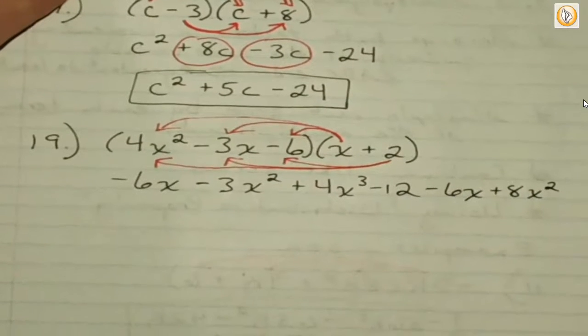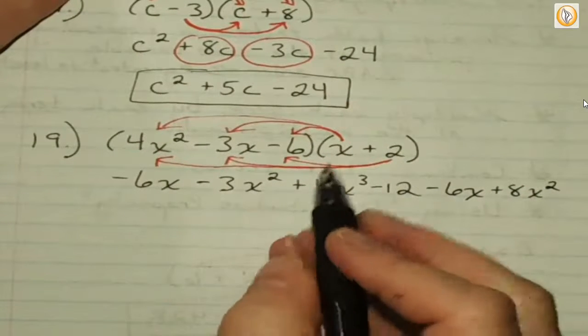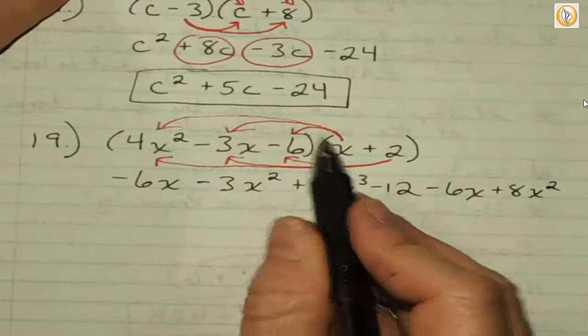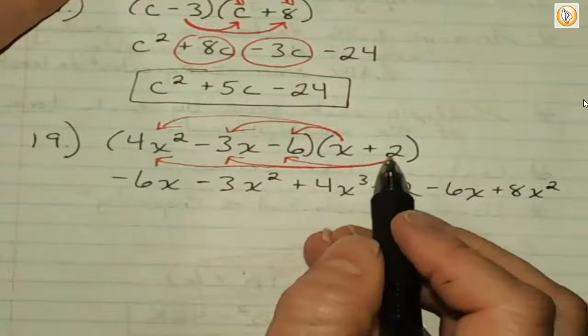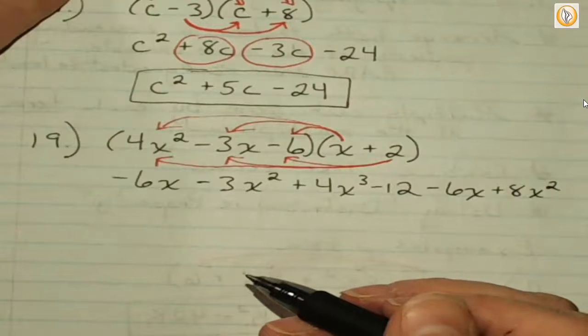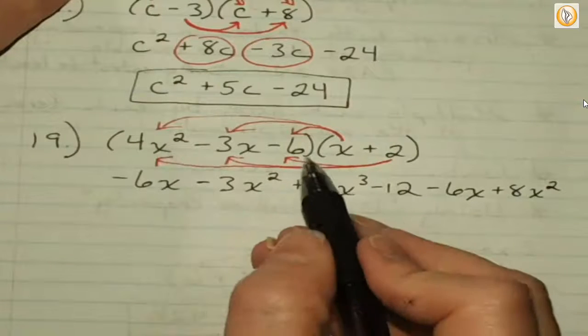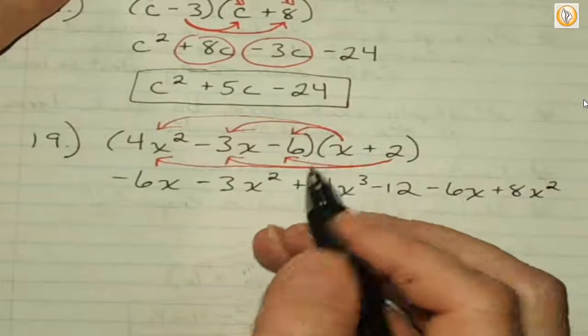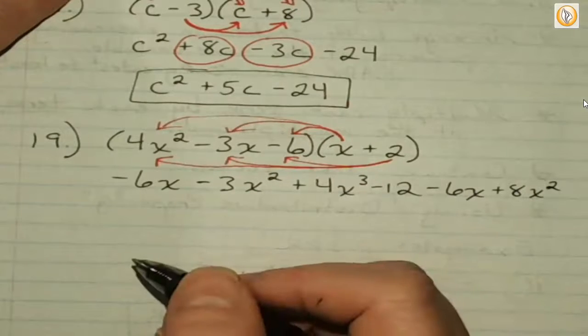There you go. Any questions about that? See how I just went the other direction this time? Each term multiplied by each term there. Can you do it in the other direction? Yeah, it doesn't matter. You could even start way over here, or you can go this direction. It doesn't matter when multiplying.